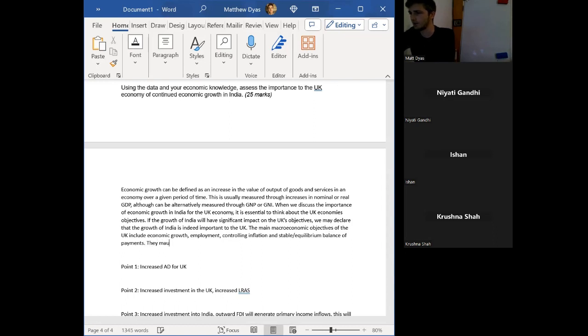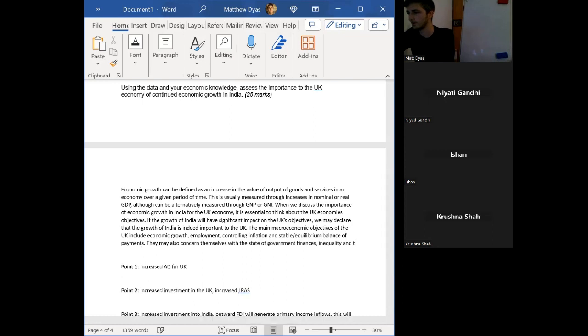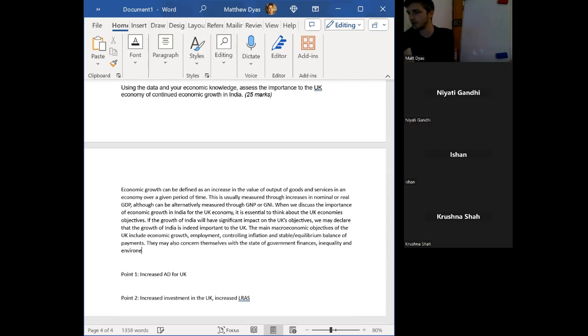They may also concern themselves with the state of government finances, inequality, and the environment, and environmental sustainability. That sounds a bit more fancy, doesn't it?